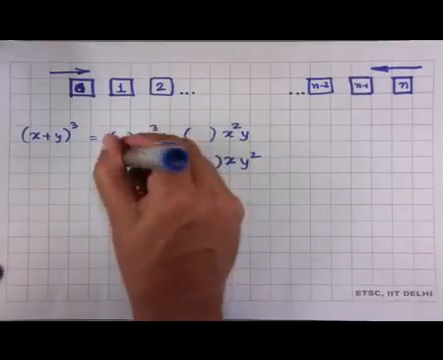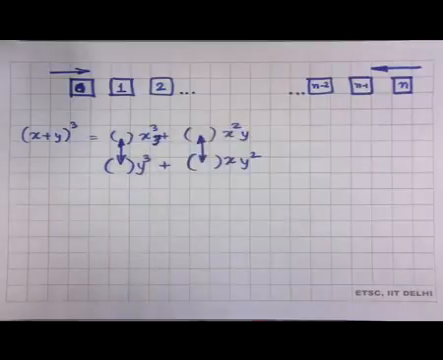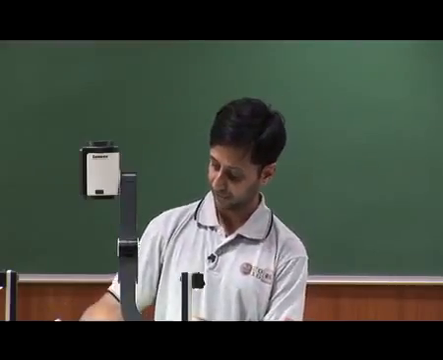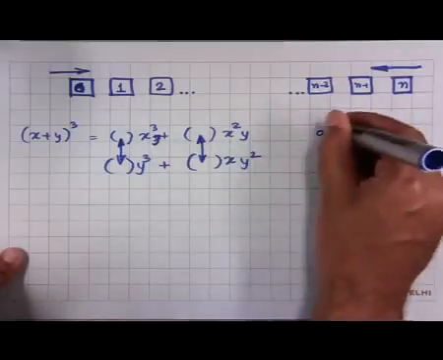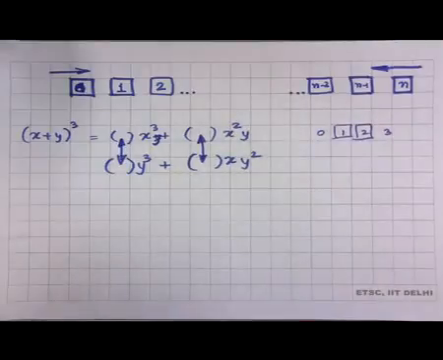So, these two are equal and these two are equal, right. So, there are two terms in the middle. You have got 0, 1, 2, 3, and these two are the middle terms.